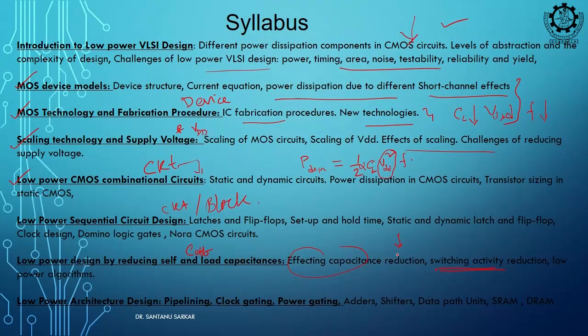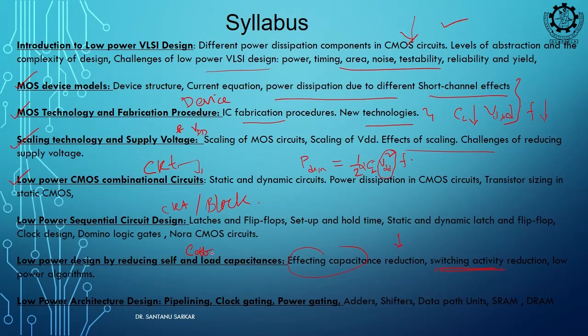There are several algorithms where we can reduce our switching activity. Compared to binary logic, gray code logic can save some power, which we will see later. So this is how we can reduce power by reducing the effective capacitance, and this will be one chapter.